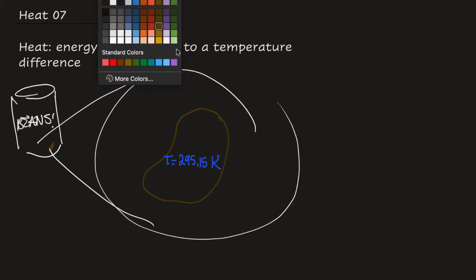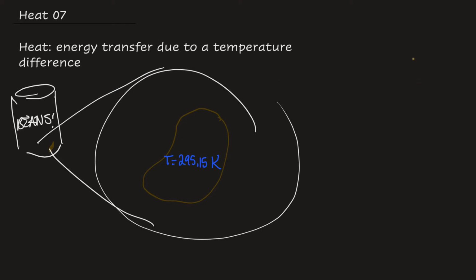And let's say we decide to bring it outside where our hot sun increases the air temperature to be 300 Kelvin. Now, heat describes the energy that enters the can of beans and results in a temperature increase for the bean.